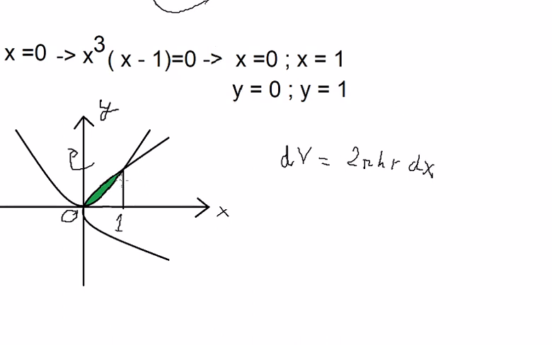So in here, this graph is y squared equal to x, and this one is y equals x squared.